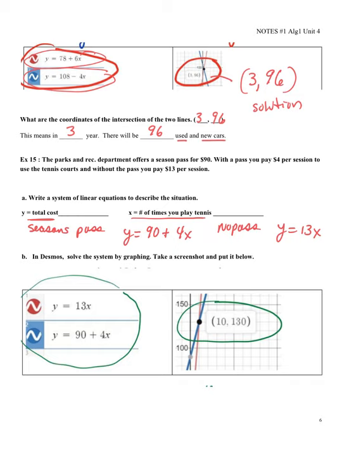Now, when I'm asking you for the equation, all of these answers should have y equals, because that makes it an equation, okay? y equals 90 plus 4x, and y equals 13x. When you put these in Desmos, okay, they intersect at the point (10, 130).